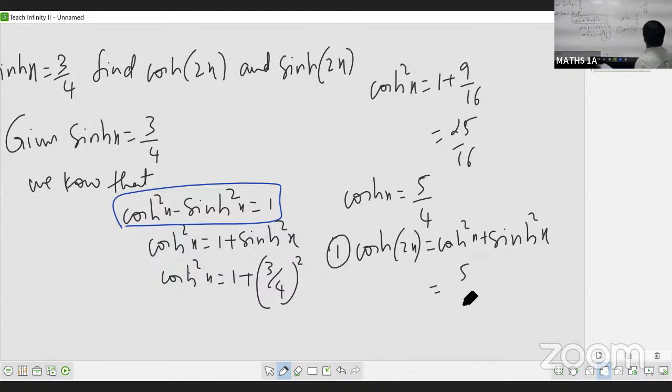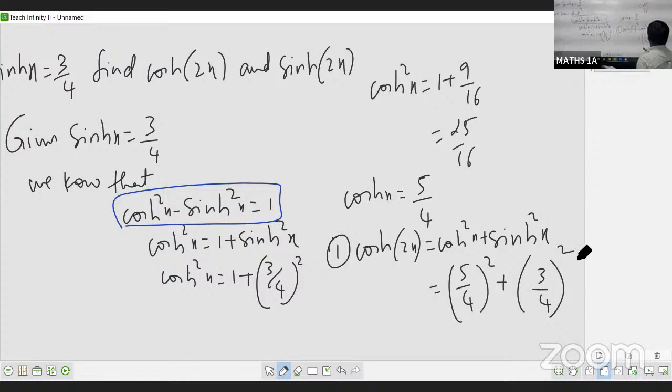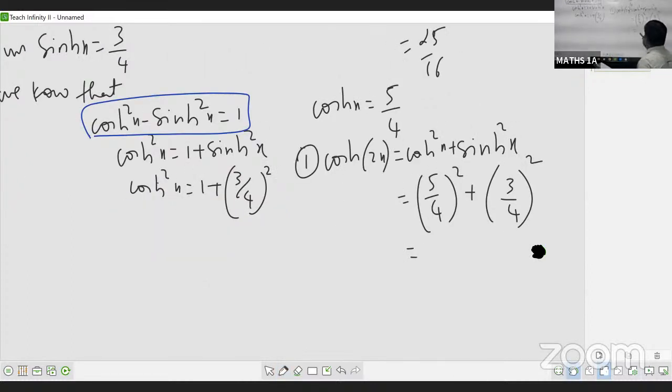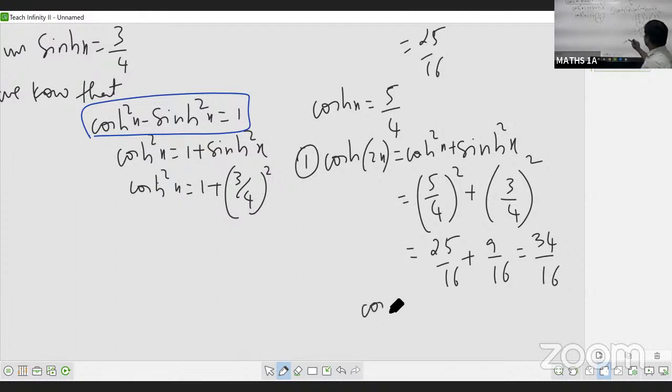Cos hx is (5 by 4) whole square plus sin hx (3 by 4) whole square. Correct? Now simplify this, you will get your required answer: 25 by 16 plus 9 by 16, that is 34 by 16. Cos h of 2x will be 17 by 8.